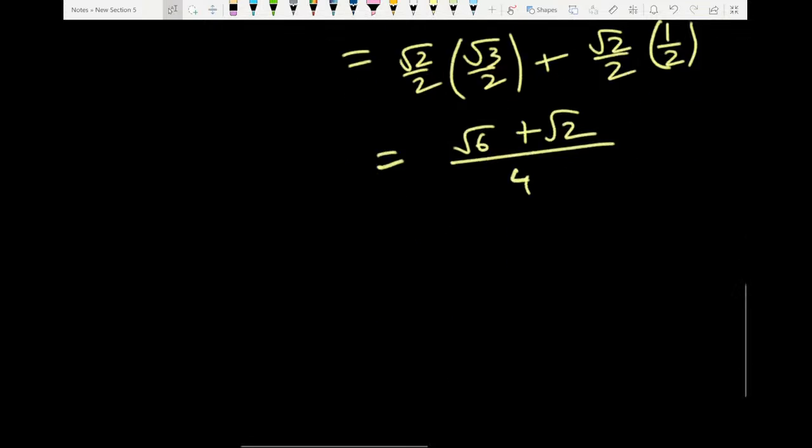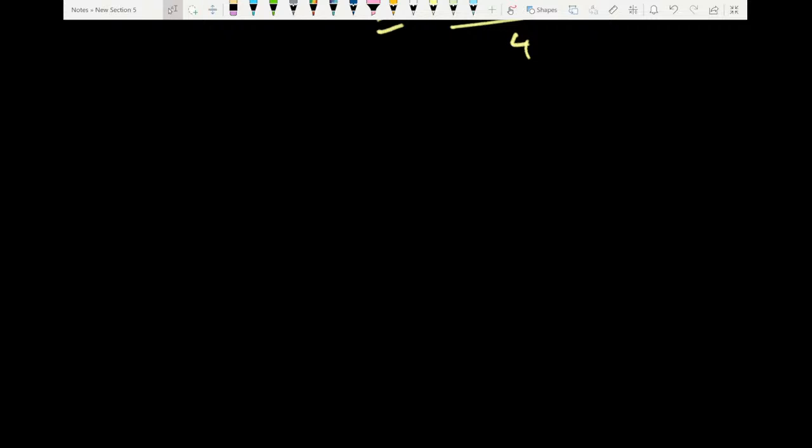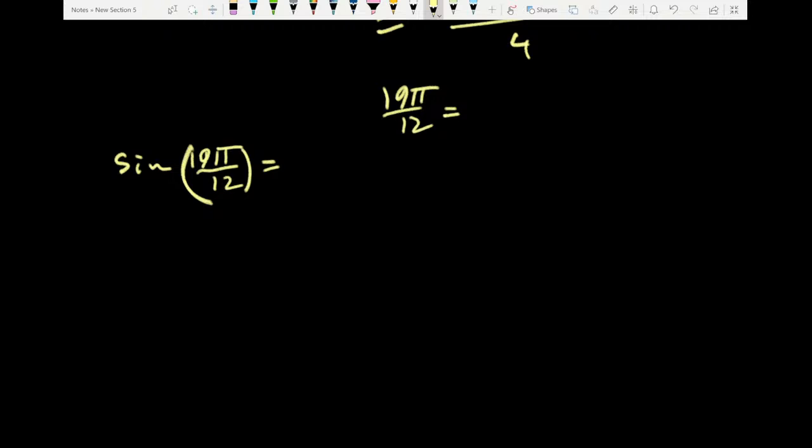Now let's look at some sine ones. Sine of 19 pi over 12. Let's be a little bit more systematic. What are the angles that you could add to get 19 pi over 12?